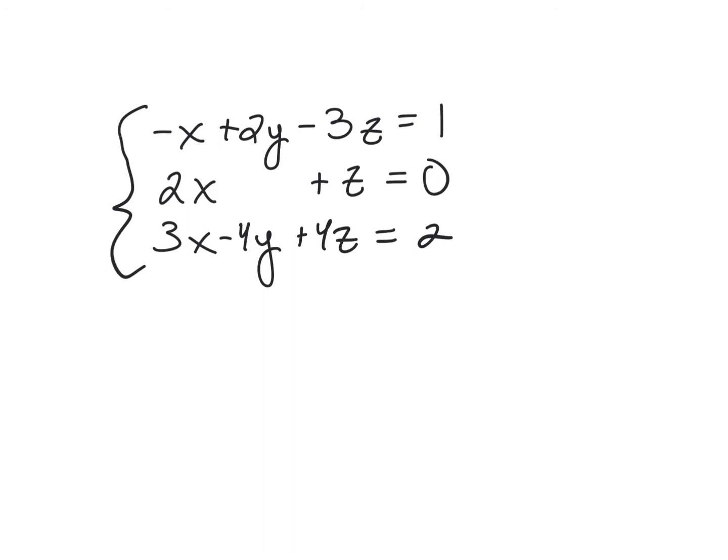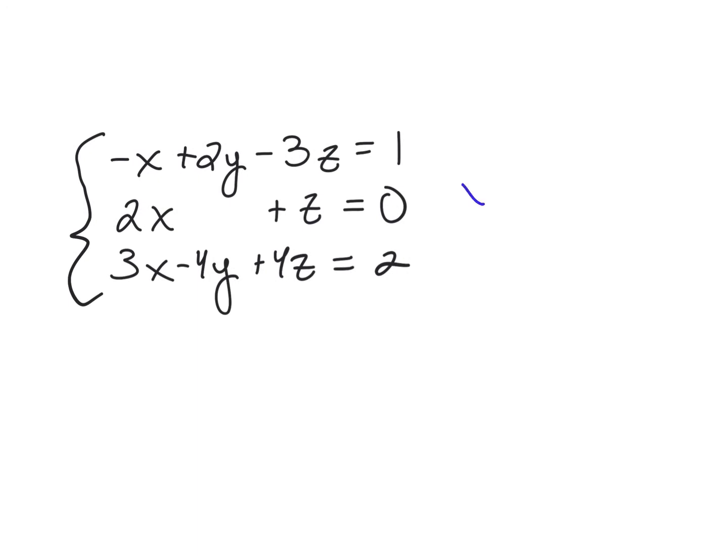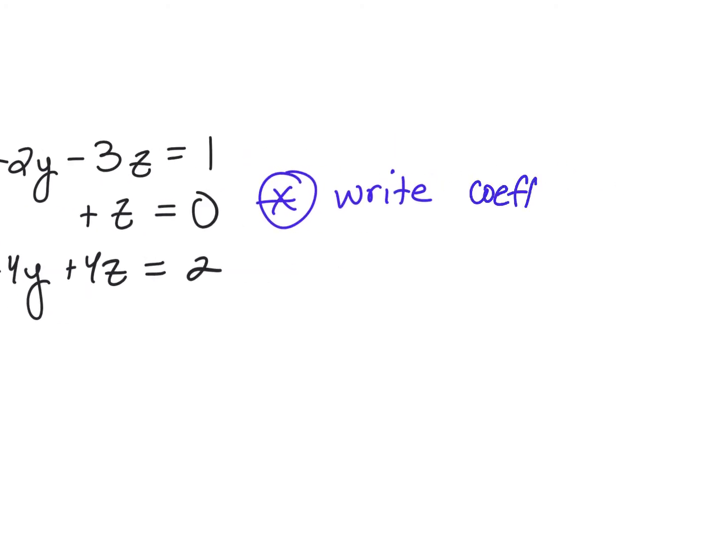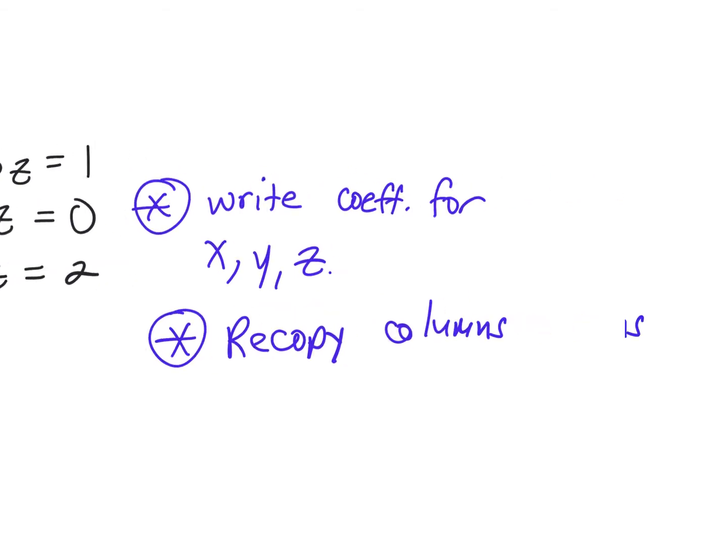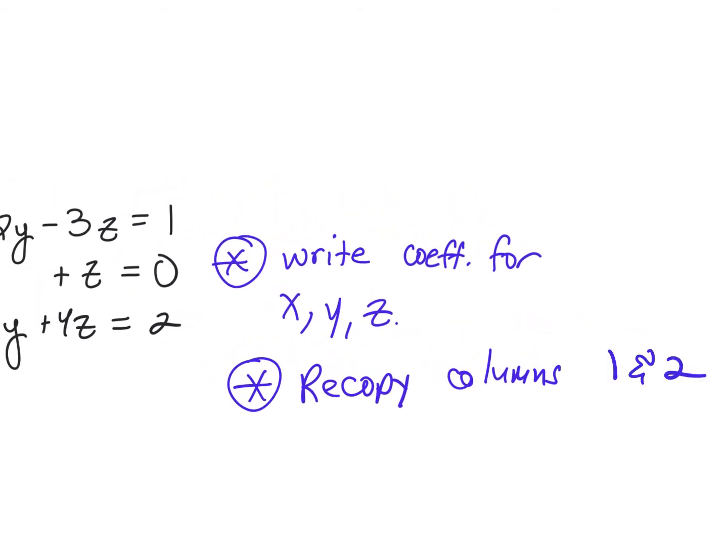This is a little bit different because if you write all the coefficients, it doesn't make a square. So the first thing you're going to do, I'm going to write this down, is write the coefficients for x, y, and z. Then you're going to recopy columns 1 and 2.